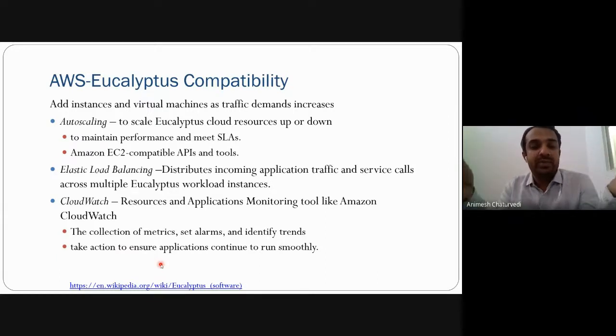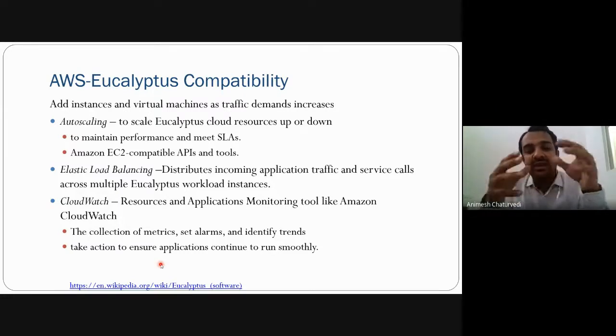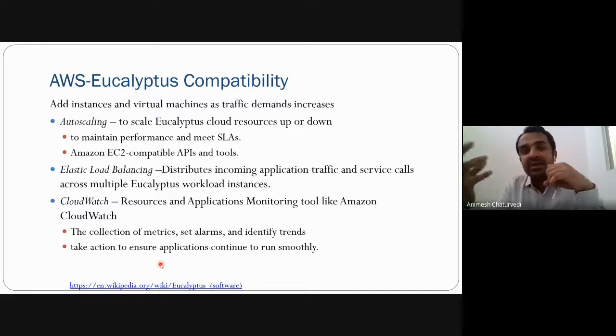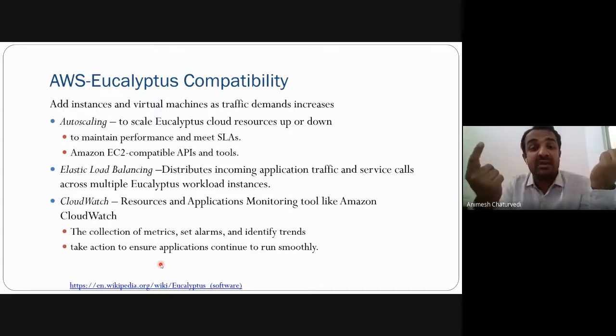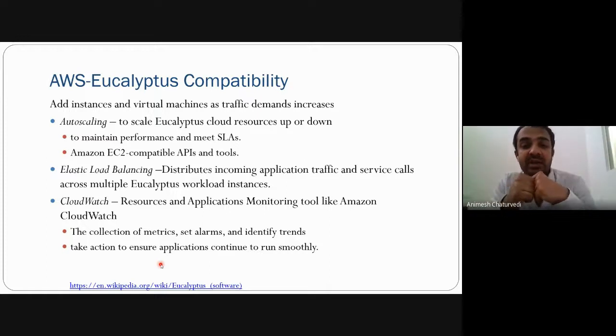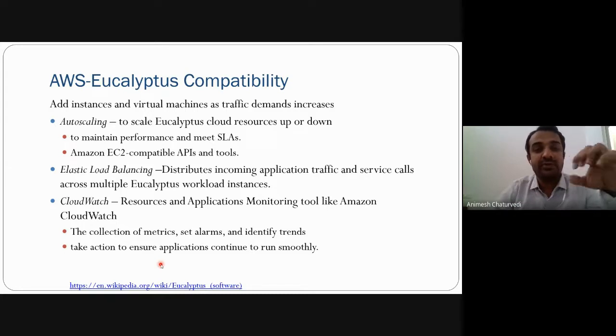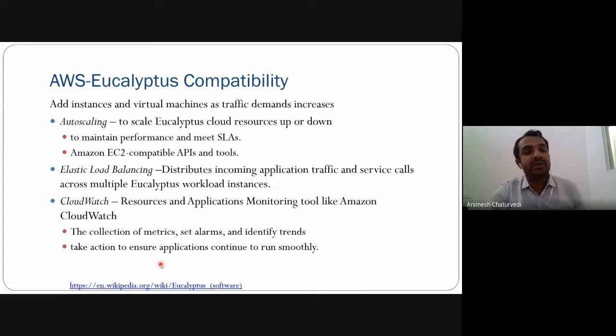It has various metrics, as we discussed in previous lectures, then alarms for when a high usage is required, then identifying the trends, and then shifting to elastic load balancing will distribute the workload. It takes help of the auto scaling part to do resource up and down with Amazon EC2 compatible APIs.